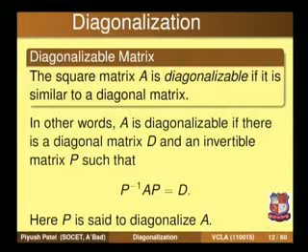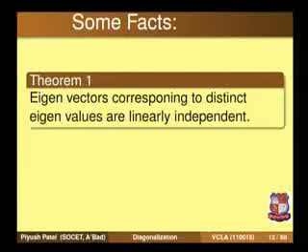So what are the matrices which are diagonalizable? For that, let us recall a few results from the previous theory, that is, eigenvectors, and how to obtain this model matrix P, an invertible matrix P, so that A can be diagonalized. Let us see the first result.